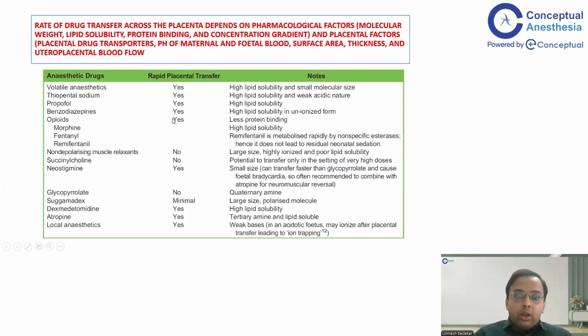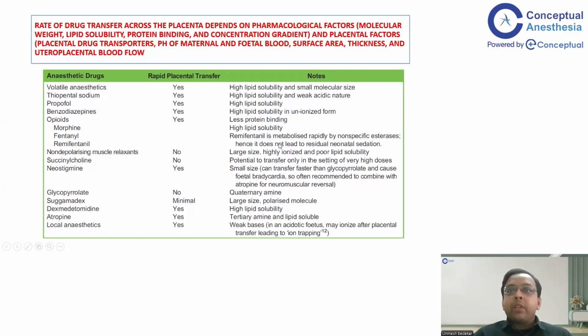Among all the drugs that we use in anesthesia practice, which undergo rapid placental transfer and why, this table summarizes them. Volatile anesthetic agents, thiopentone, propofol, and benzodiazepines all undergo rapid placental transfer in view of high lipid solubility. Again, opioids like morphine, fentanyl, and remifentanil undergo rapid placental transfer.